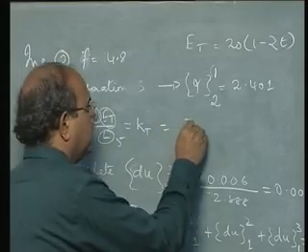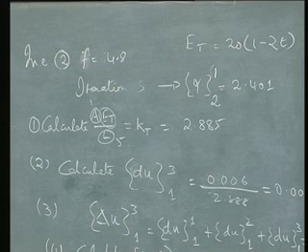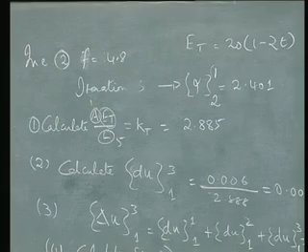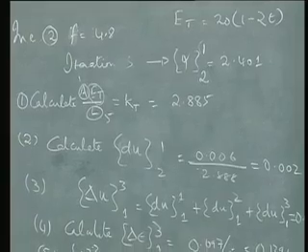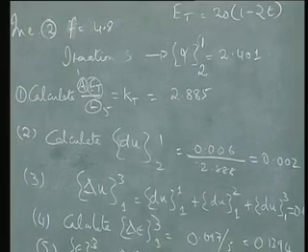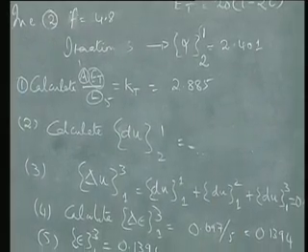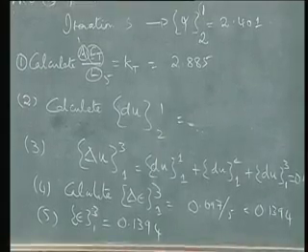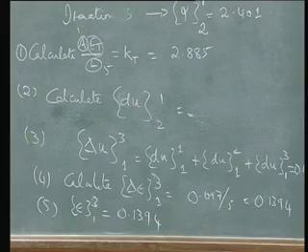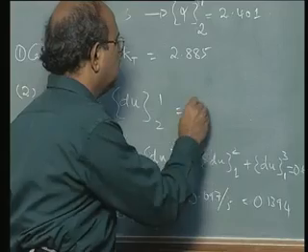So, now calculate du. Now it is 2 and 1, and so all these things would change. And the value of du1 happens to be 0.832, right? Check that out.